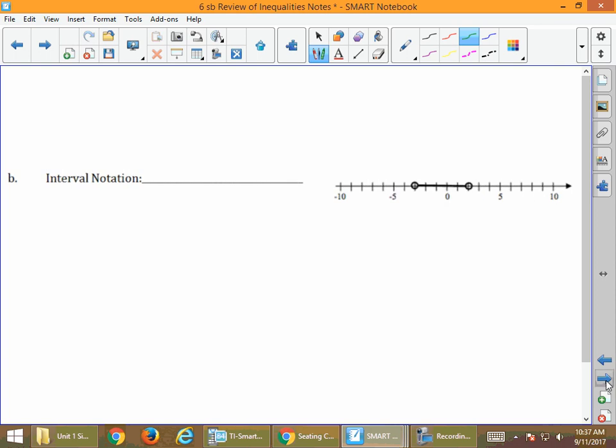Letter B. Find the values of our endpoints. In the second one, negative 3 is to the left. 2 is to the right. They're both open circles. When we have an open circle, we're going to have parentheses. That looks like an ordered pair.